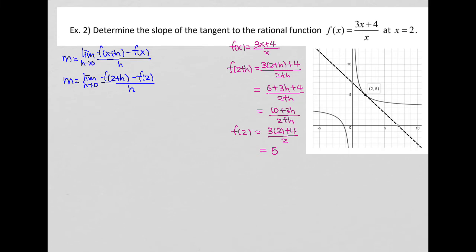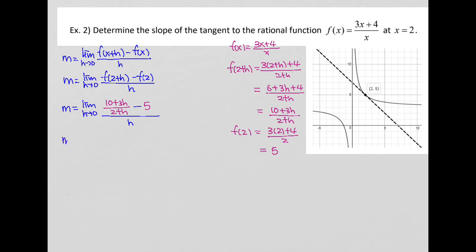After we find the value on the side, let's substitute into the first principle. So f of 2 plus h is (10 plus 3h) over (2 plus h), minus f at 2, which is 5, over h.